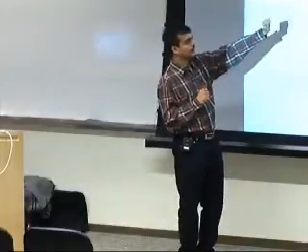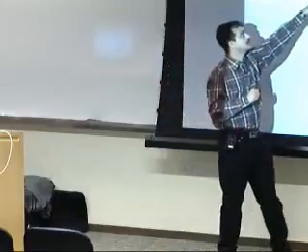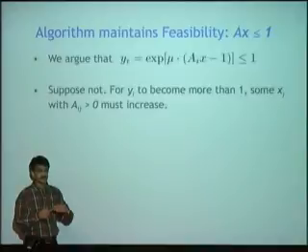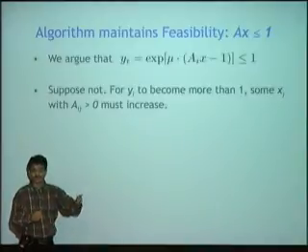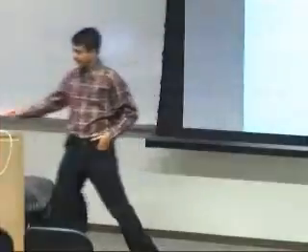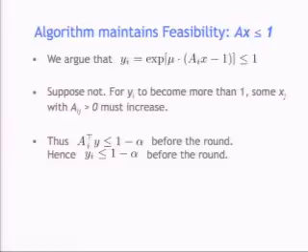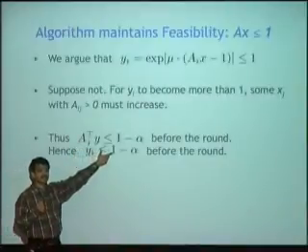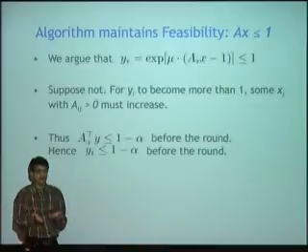For that to happen, some x_j with a_ij greater than 0 must increase to make y_i larger than 1. But for x_j to increase, the value of a_j transpose y must be less than 1 minus alpha, from the definition of the algorithm.